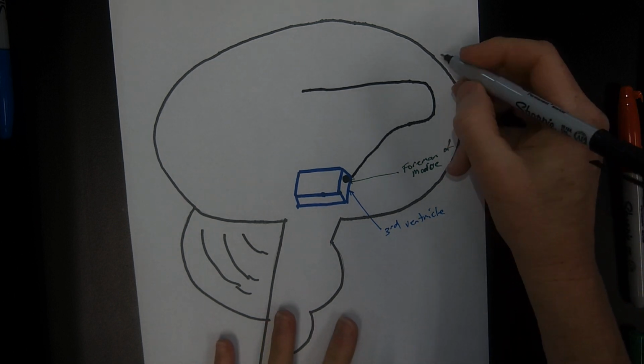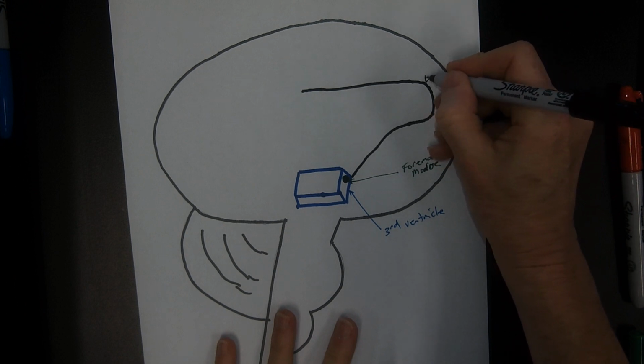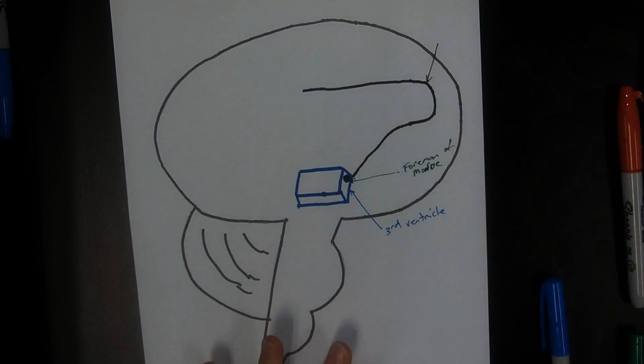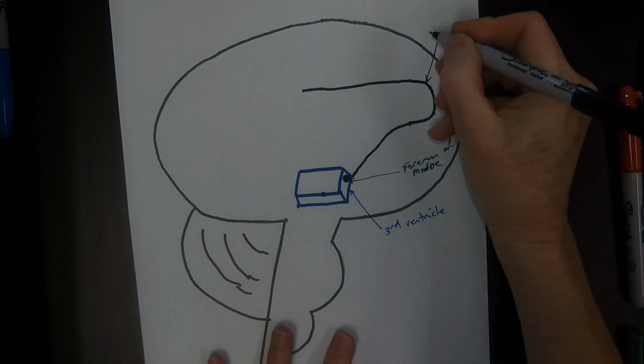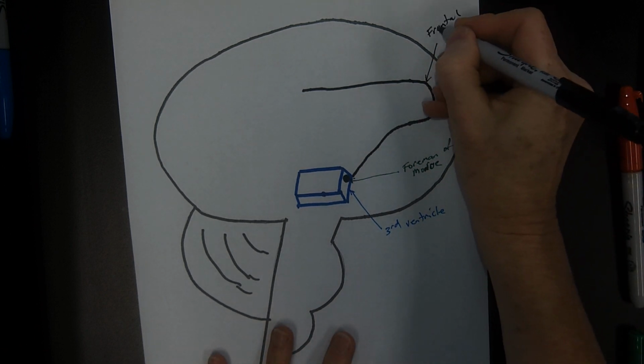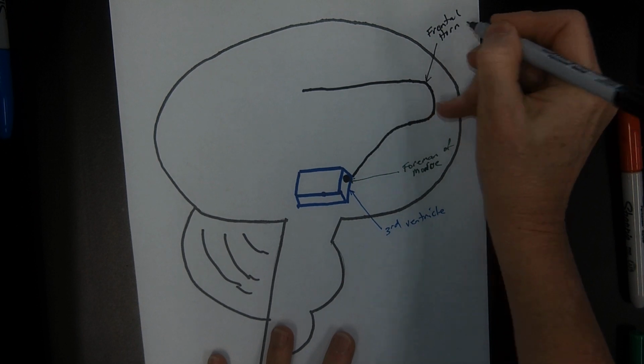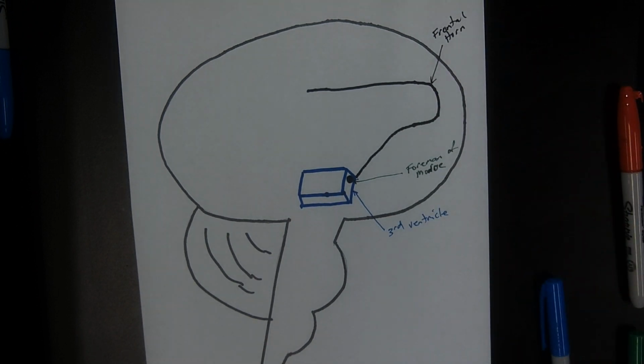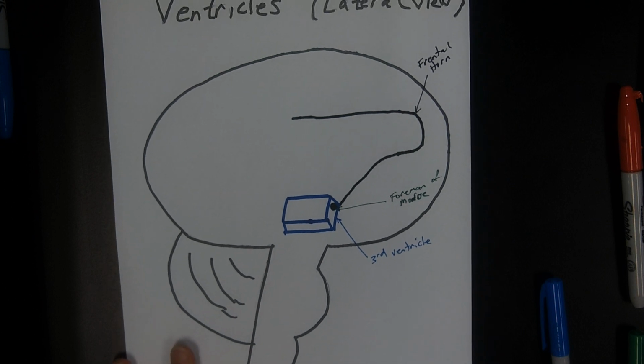Lateral ventricle has a couple of different parts. There's going to be the front part. It's easy to remember. It's your frontal horn. Frontal horn is the front.